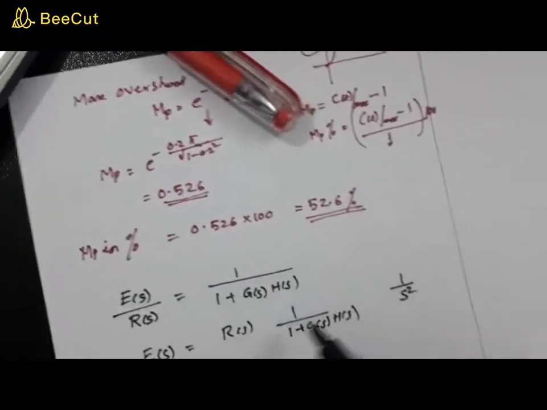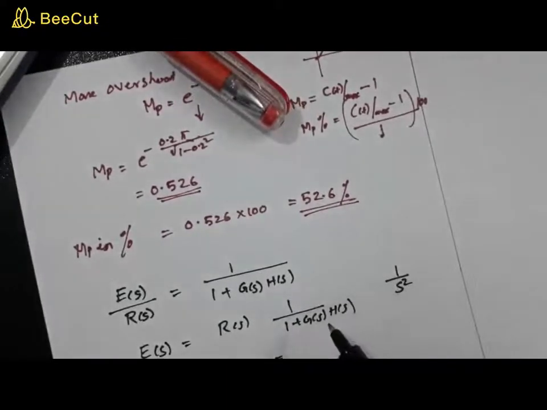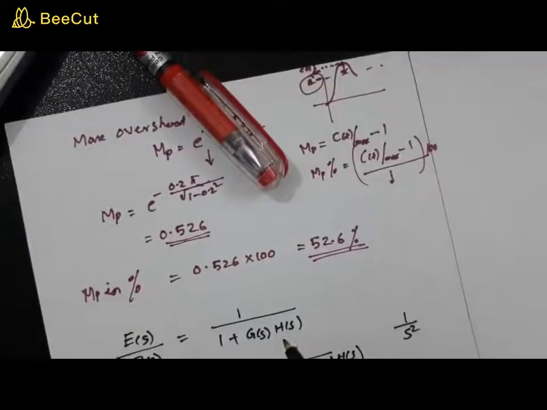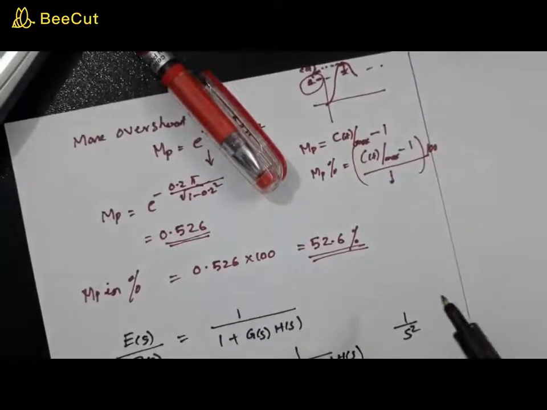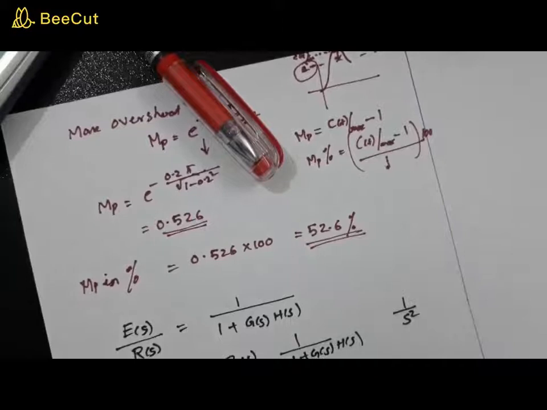When you substitute the values for G(s) and H(s), considering this system as a unity feedback system, you will be able to find that the error is 2 zeta by omega n. So this will be 2 into 0.2 divided by omega n, which is 4 radians per second.